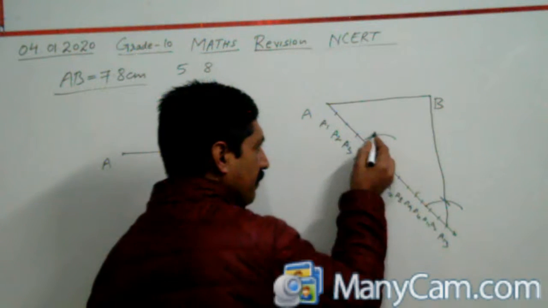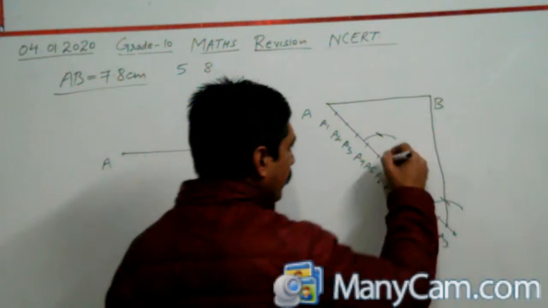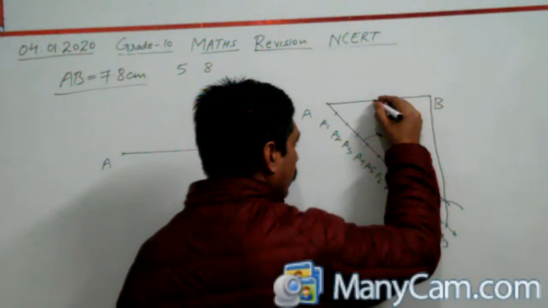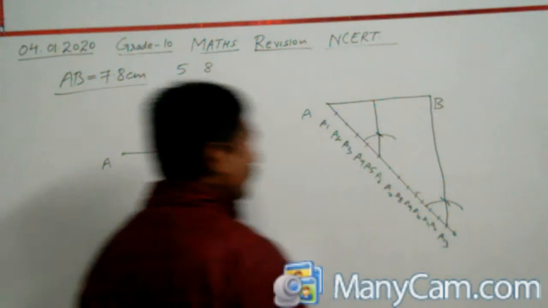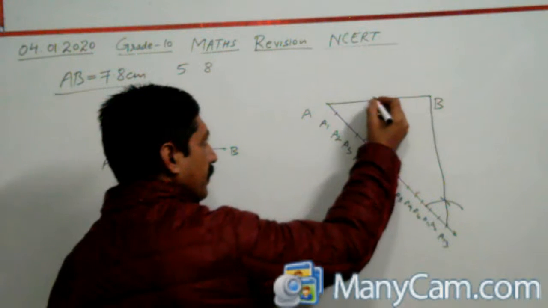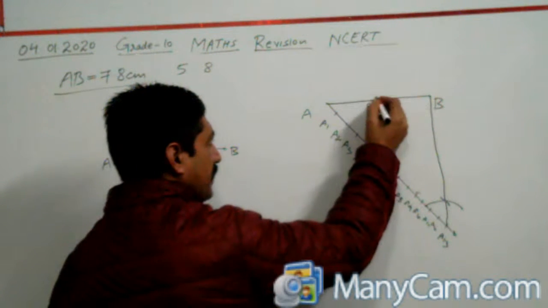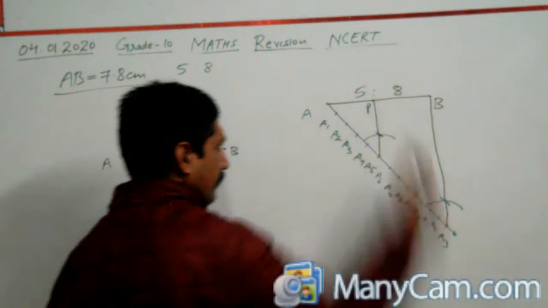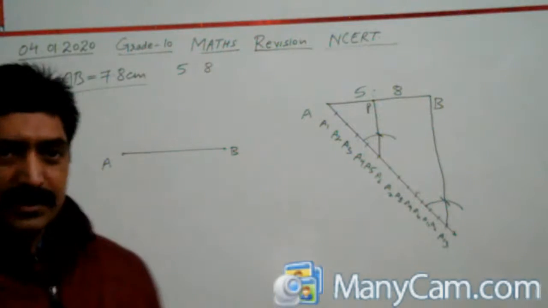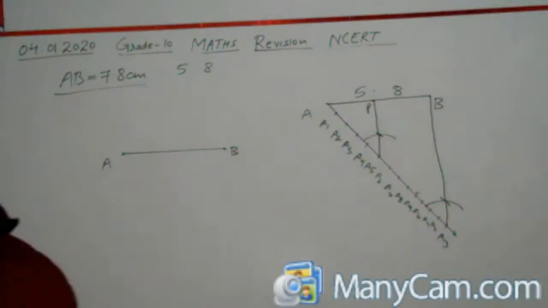Same angle we will measure here, and from this point we will draw. This point is point P, which divides AB in the ratio 5 and 8. Right? These two lines will always be parallel to each other.